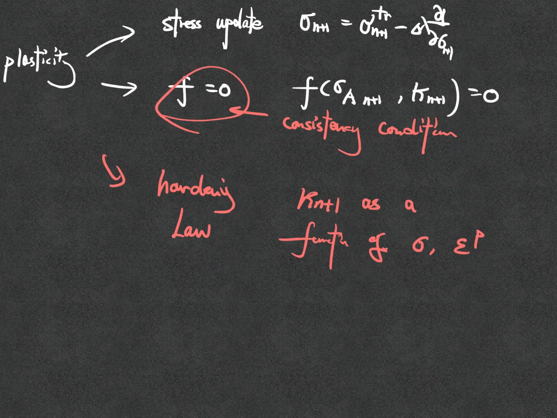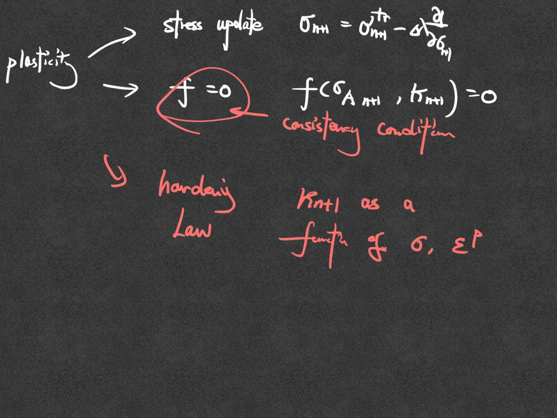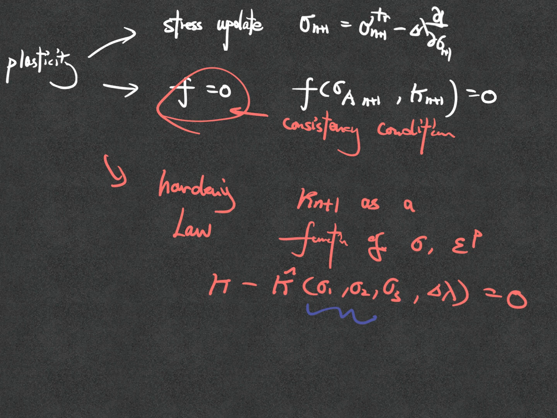Or you can simply write that K minus K-hat function equal to 0. So this is actually a function determined from experiment most of the time. Usually you cannot derive it from first principle.